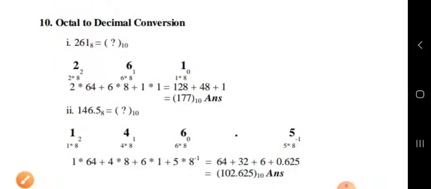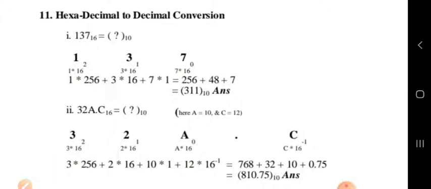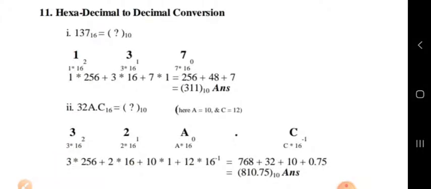Now next one is hexadecimal to decimal conversion. The same procedure we followed in the octal one, we have to follow over here, but in place of 8 we have to use 16.